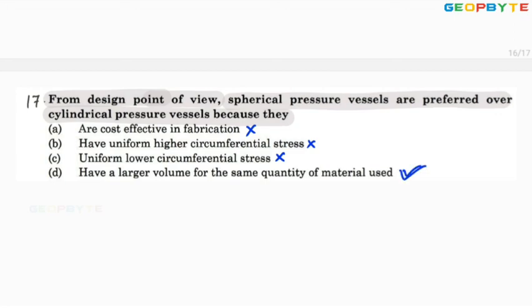For the same quantity of material, spherical shells can give large volume to occupy more and more quantity of material. That is the reason generally we prefer spherical shells in case of thin shells. So anyhow, option D is absolutely correct.